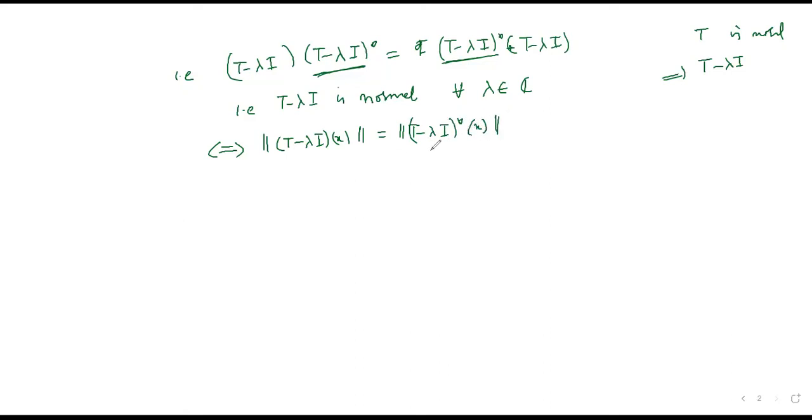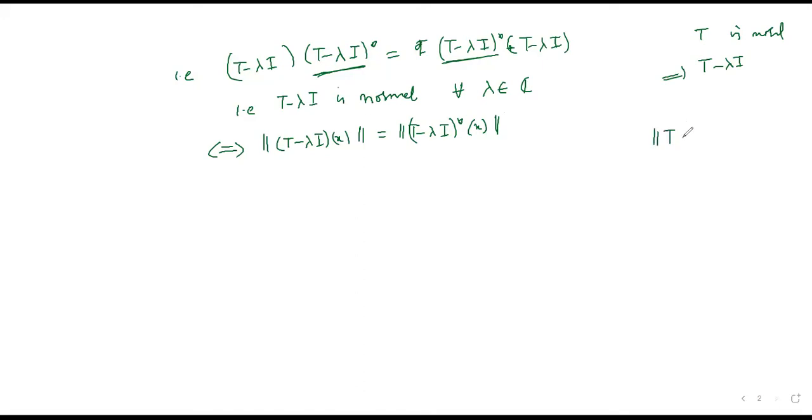That's the same thing as saying the normal operator is an isometry. That is, we can write it like this, and we will prove it, right?